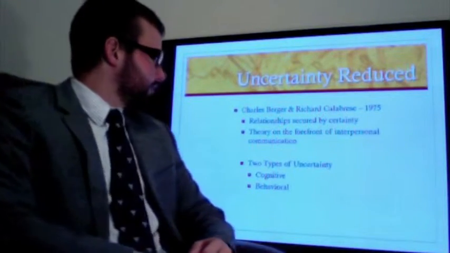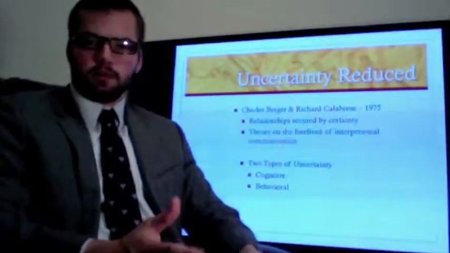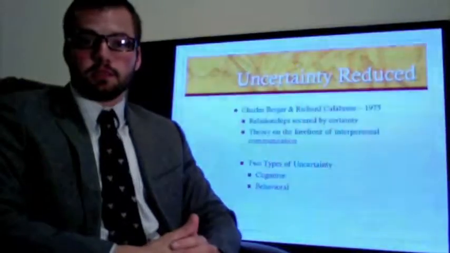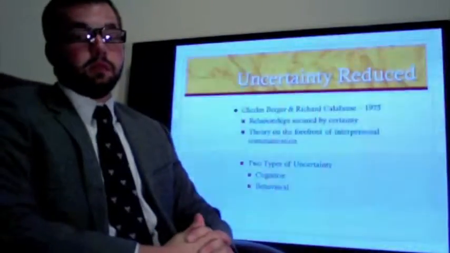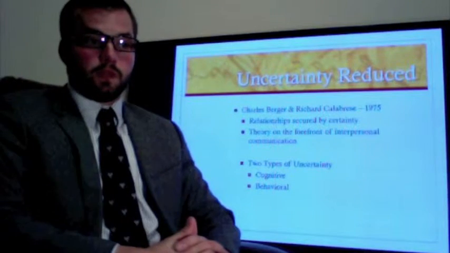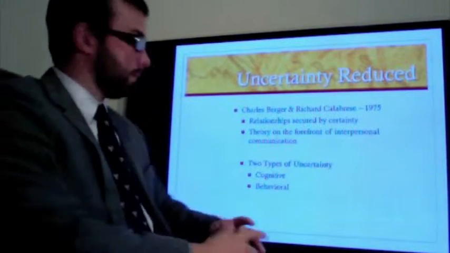Two types of uncertainty are cognitive and behavioral. Cognitive deals with the thinking process and the uncertainty there, and behavioral is sort of reducing uncertainty within the behavior realm.